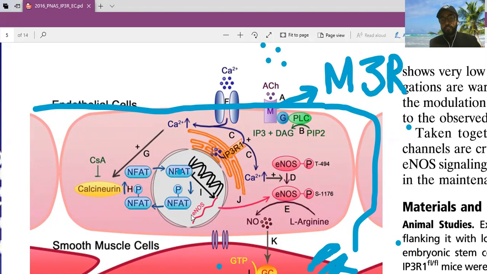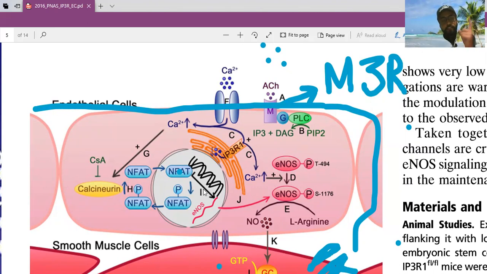The gene which is responsible for the production of eNOS. And what is eNOS? Basically, eNOS is an enzyme and it is abbreviated as endothelial nitric oxide synthase. And this endothelial nitric oxide synthase then converts L-arginine, which is basically an amino acid, into nitric oxide and citrulline, which is another amino acid.